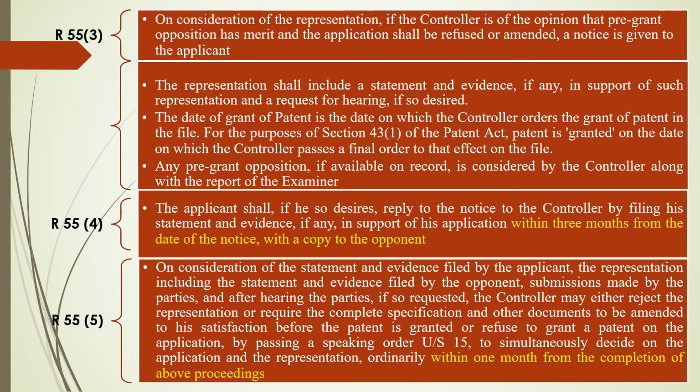On consideration of the statement and evidence filed by the applicant, the representation including statement and evidence filed by the opponent, and submissions made by the parties, after hearing the parties if they request to do so, the controller may either reject, or require the complete specification or documents to be amended, or refuse the grant of patent on the application by passing a speaking order under section 15. Ordinarily that is done within 1 month from the completion of the above proceedings.